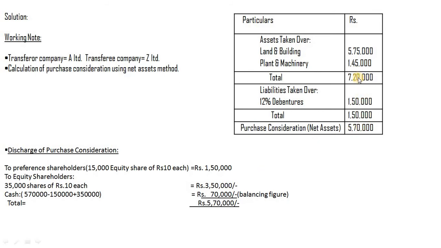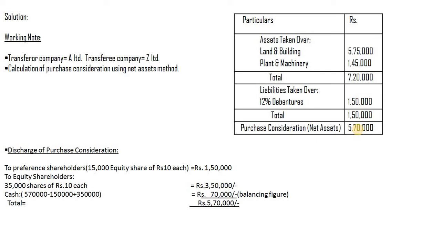Okay, so total assets value minus total liabilities value, which is taken over. Okay, taken over, emphasize on taken over. If not taken over, don't show in this method. And now net asset will be 5,70,000, which is our purchase consideration.